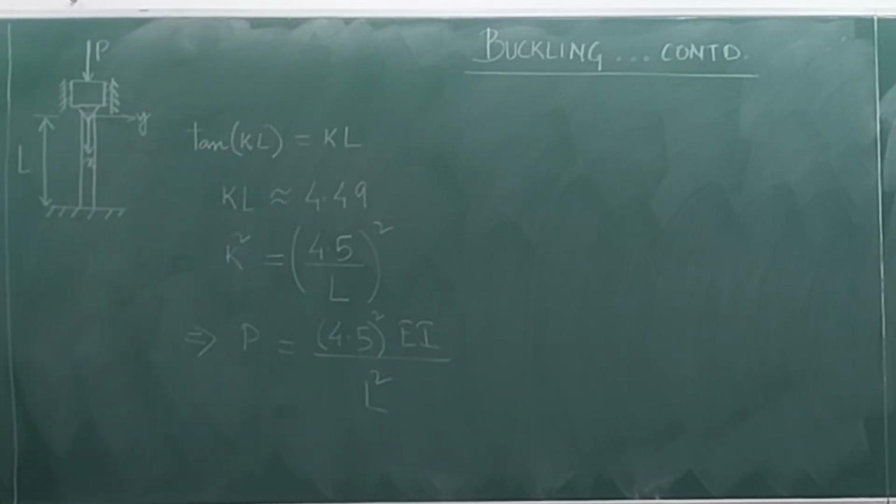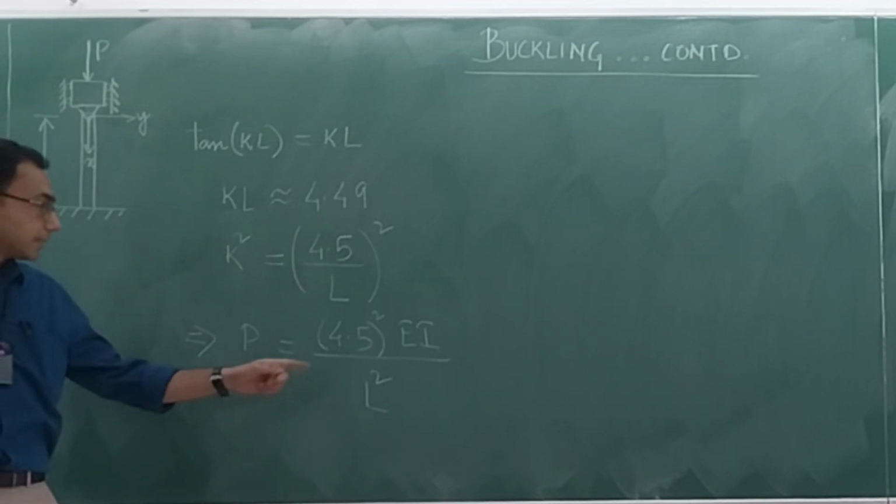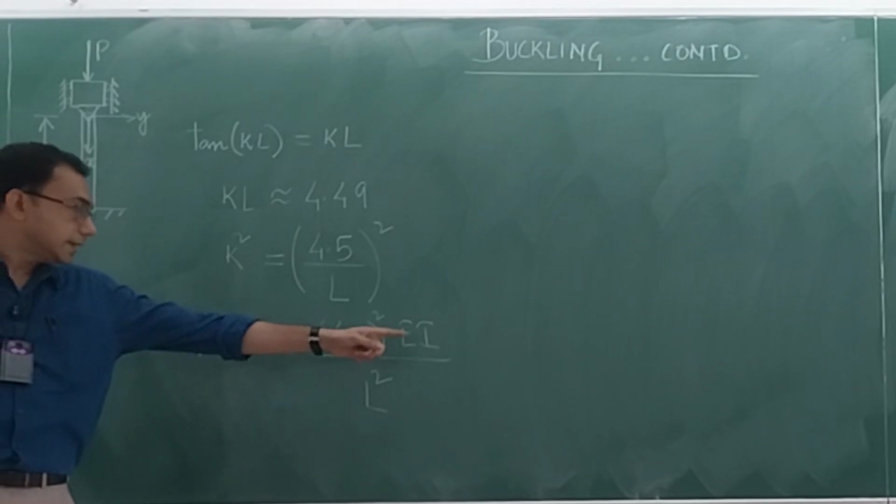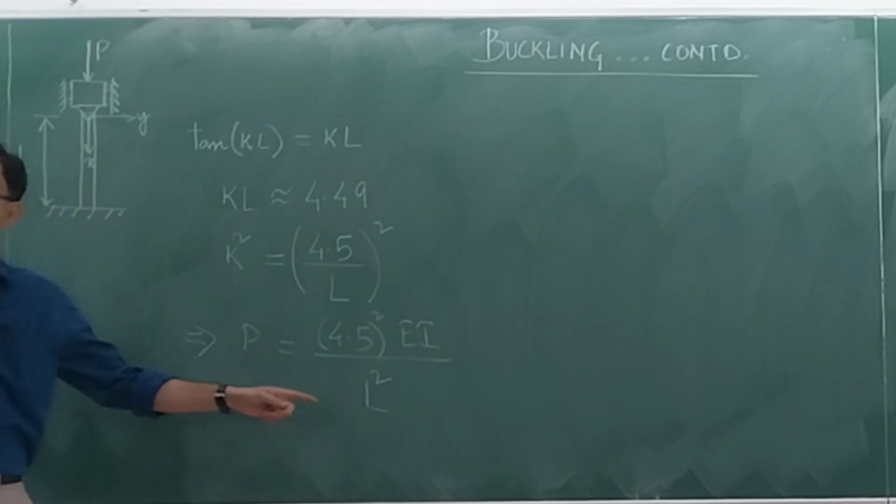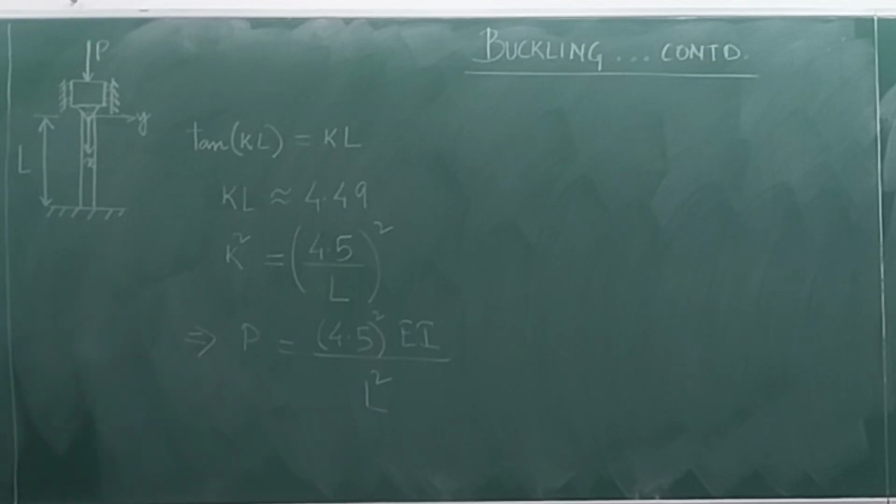Now see, it has started to look like what we had obtained earlier. In the pinned case, if you remember, or if you don't remember, you can go back and check your notes, we had obtained pi square EI by L square.